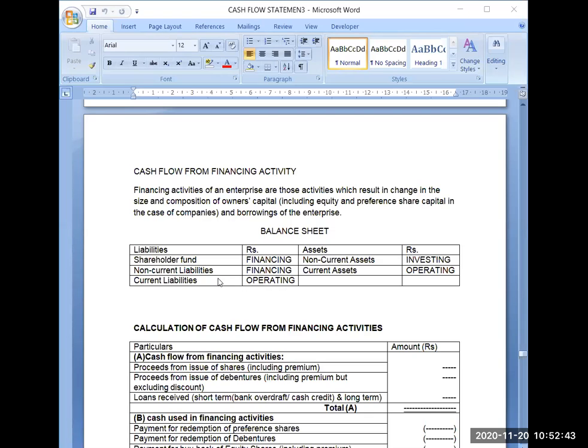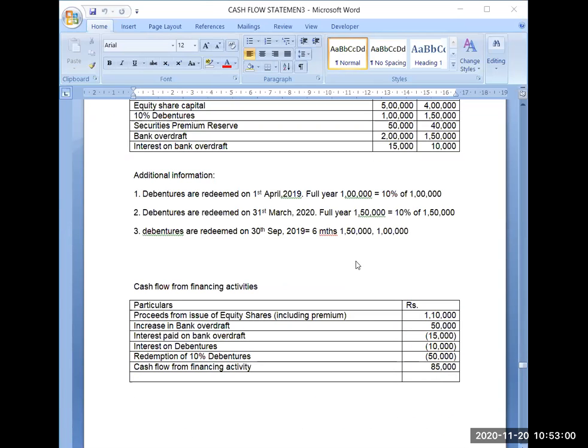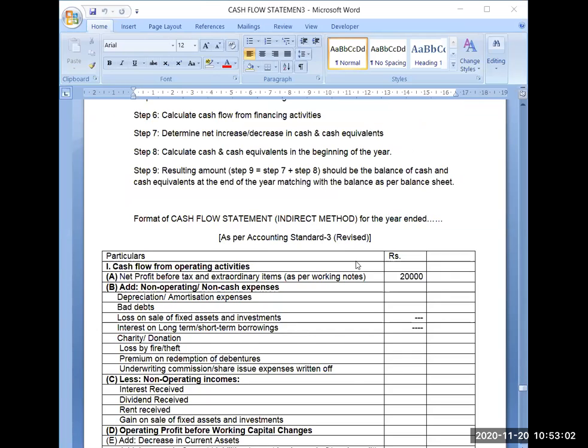Shareholder fund and non-current liabilities will be used in financing activity. And your non-current assets will be used in investing activity. You should remember which area will be used in which activity. Then you will be much more comfortable with the question.